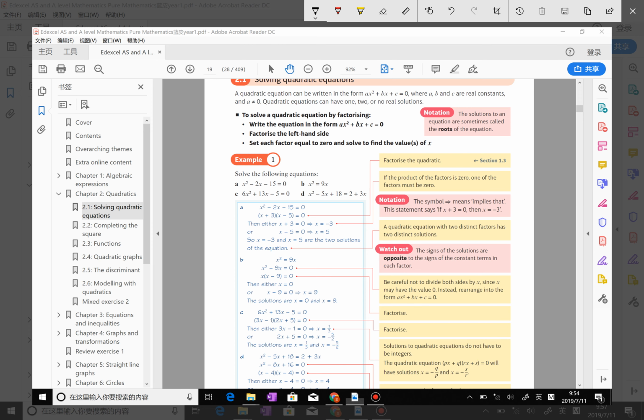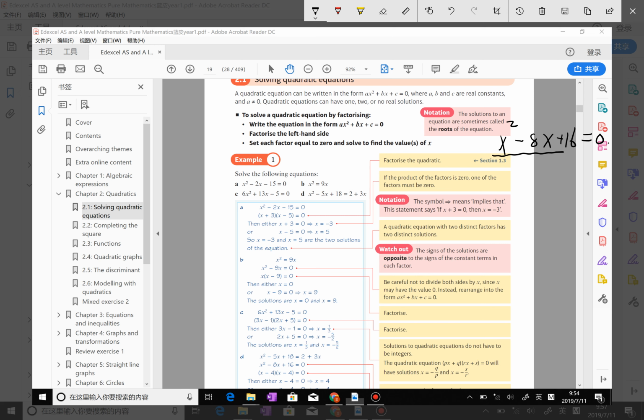Let's look at the last one. We have x squared minus 5x plus 18 equals 2 plus 3x. We move all the terms on the right to the left, so that we have x squared minus 8x plus 16 equals 0.